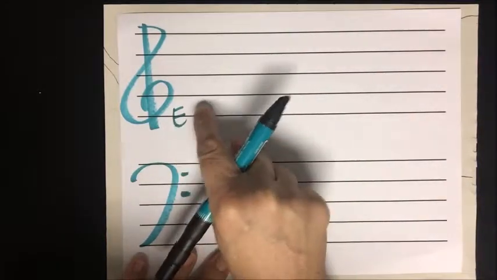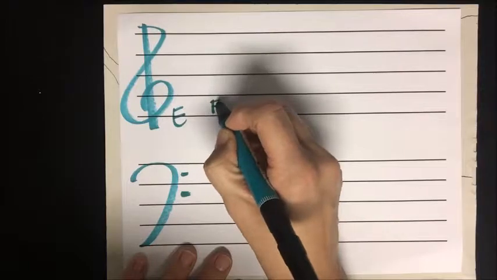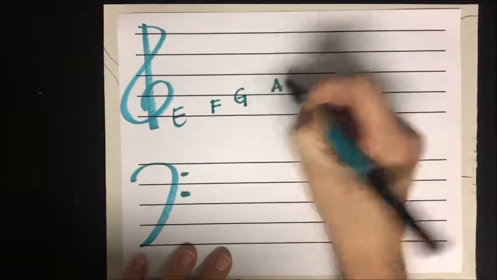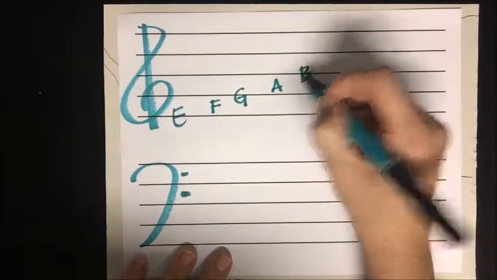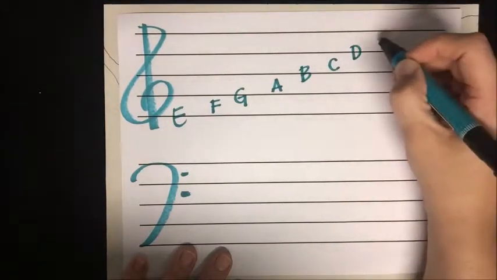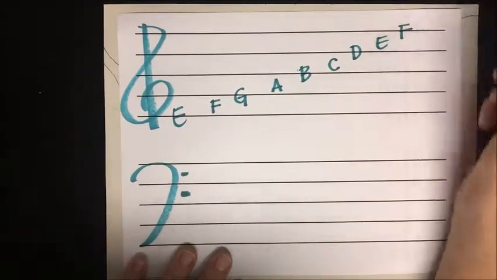And so we have E, then the next note in the space would be F, then G on the line, A in the space, B on the line, C, D, E, and then F.